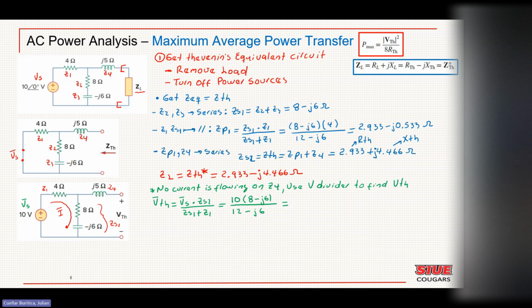And get also the magnitude and the angle of that voltage, V Thevenin magnitude, V Thevenin angle.